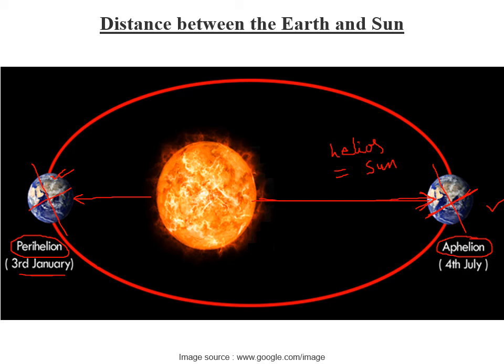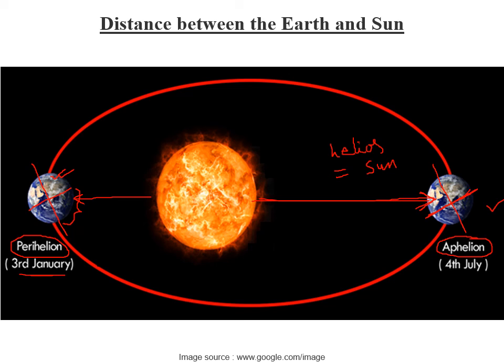You can see that during perihelion, the southern hemisphere of Earth receives more and more energy as the southern hemisphere directly faces the sun, and also due to this perihelion position, Earth is closer to the sun.